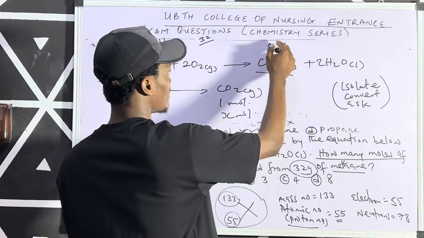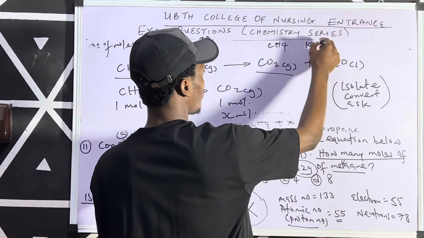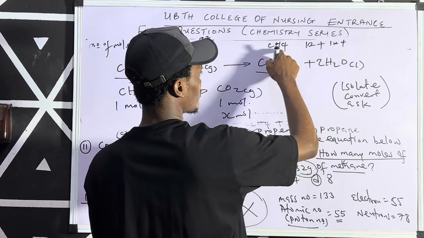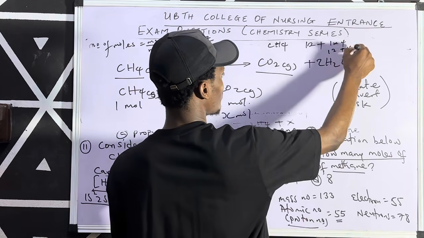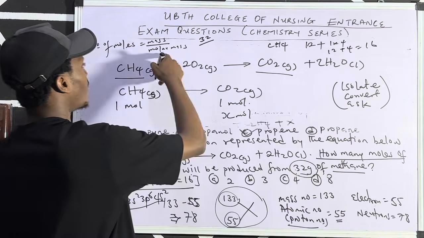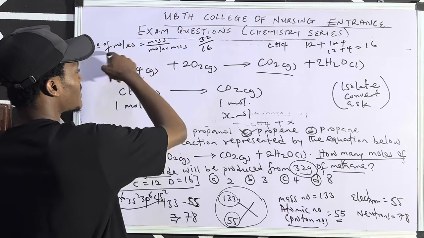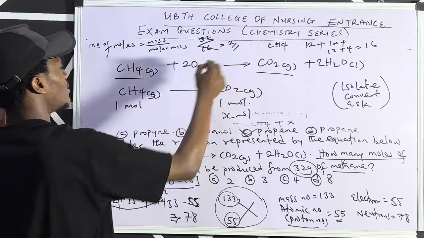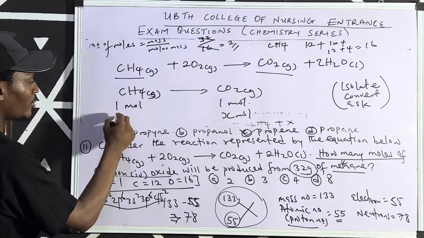So it becomes carbon is 12 plus hydrogen is 1 times 4, because the 4 is attached to the hydrogen. So it becomes 12 plus 4, which is 16. So our molar mass should be 16. To get the number of moles, it should be 32 over 16. That should give us 2. So this should be 2 moles.